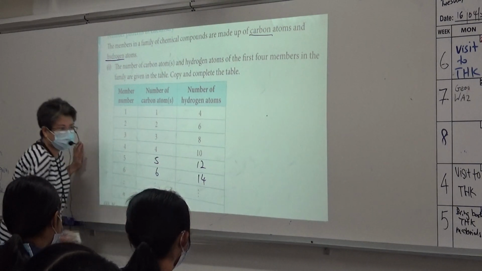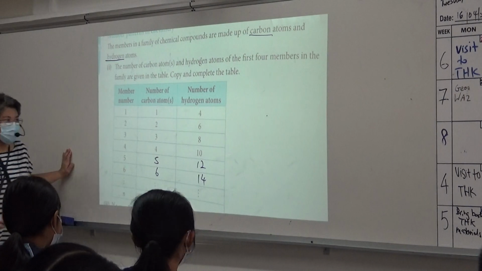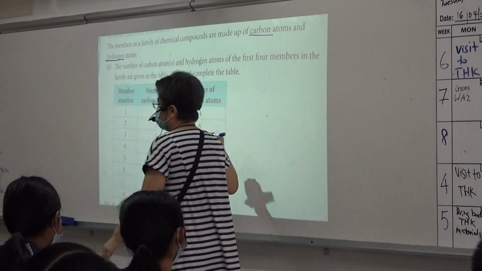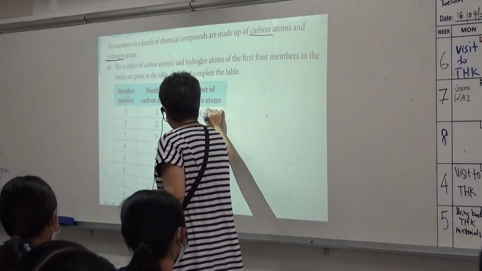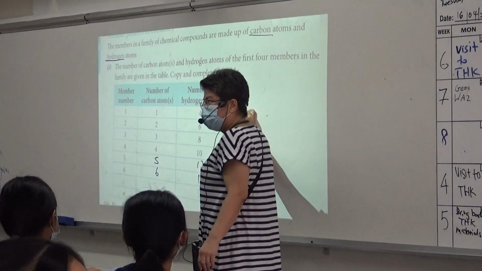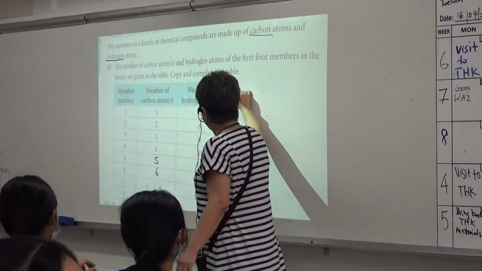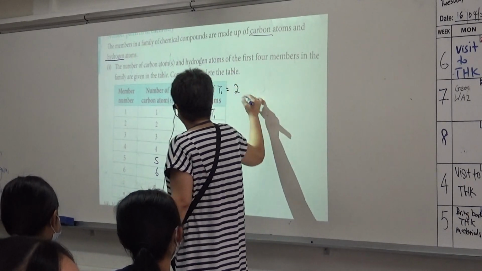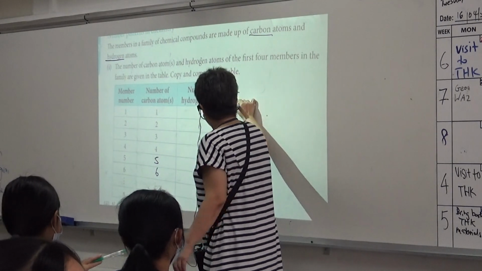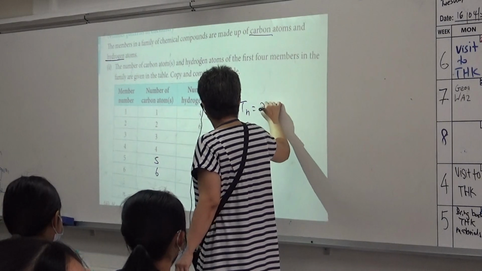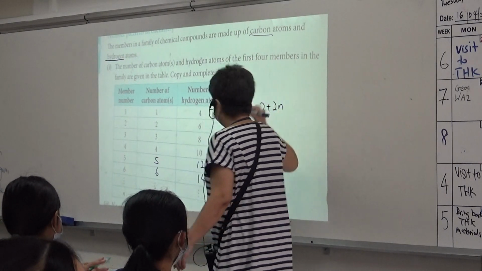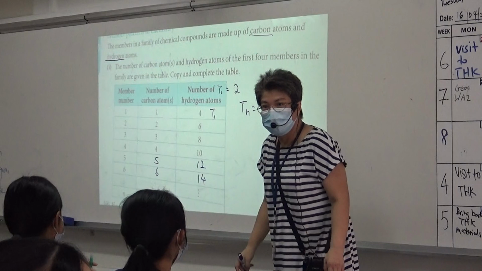This will be n, right? Okay. Now, of course, we know it's plus 2, right? This is our term 1, right? Correct. Can you tell me what will be term 0? 2, right? So, term 0 is 2, right? So, what will be my nth term? 2 plus 2 times n, right? Correct.